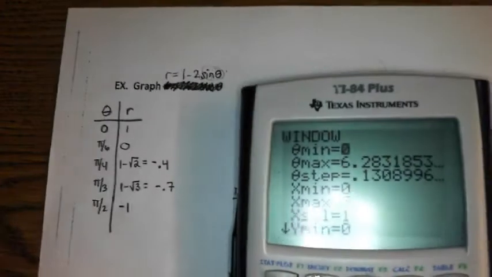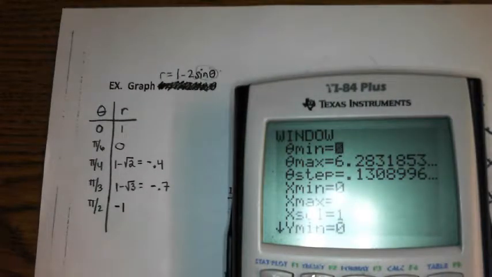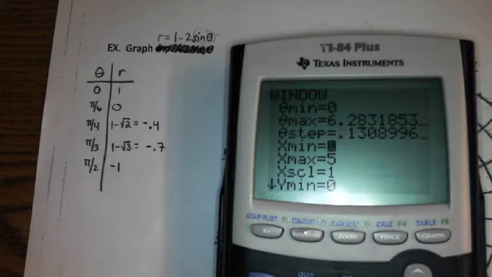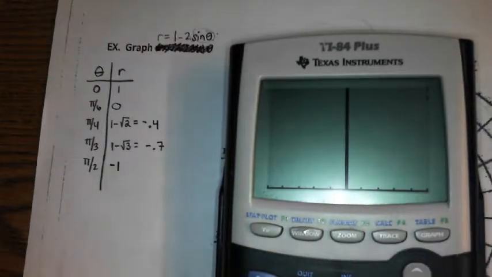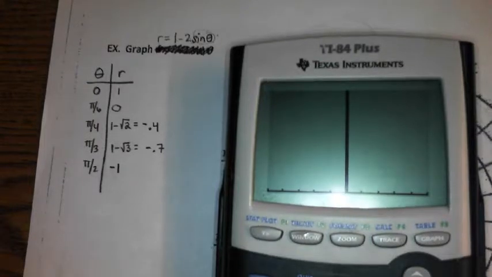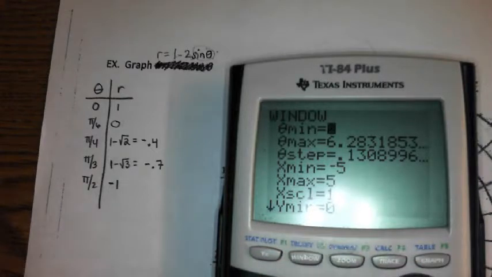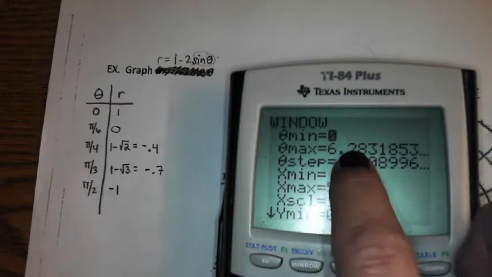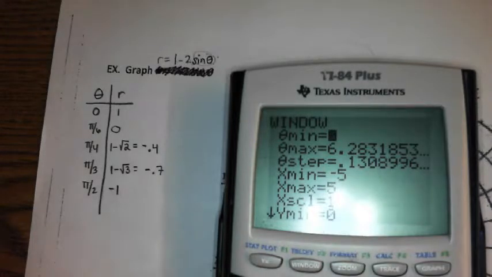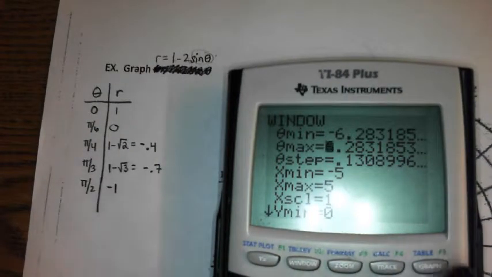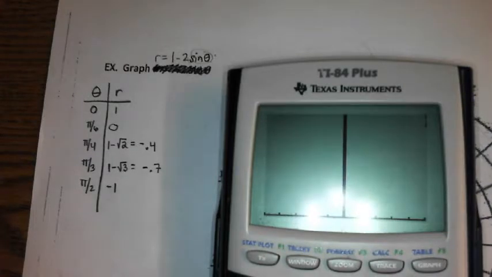Let me rethink this. Window. Why did that just happen? Oh, maybe -5 to 5. Is that what you're saying? Oh, -2 pi to 2 pi? Is that what you're thinking? Kyle, what are you saying?